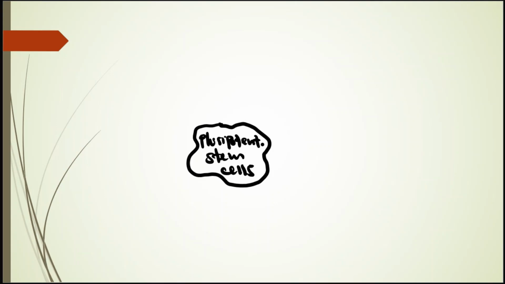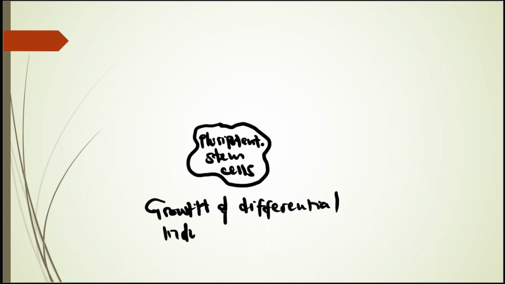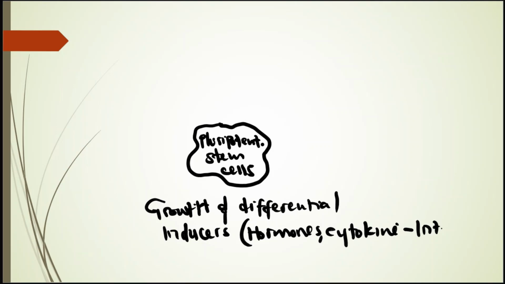Now, for this pluripotent stem cell to specialize into any blood cell, it requires what we call growth and differentiation inducers. These growth and differentiation inducers can be hormones or they can be cytokines, called interleukins.